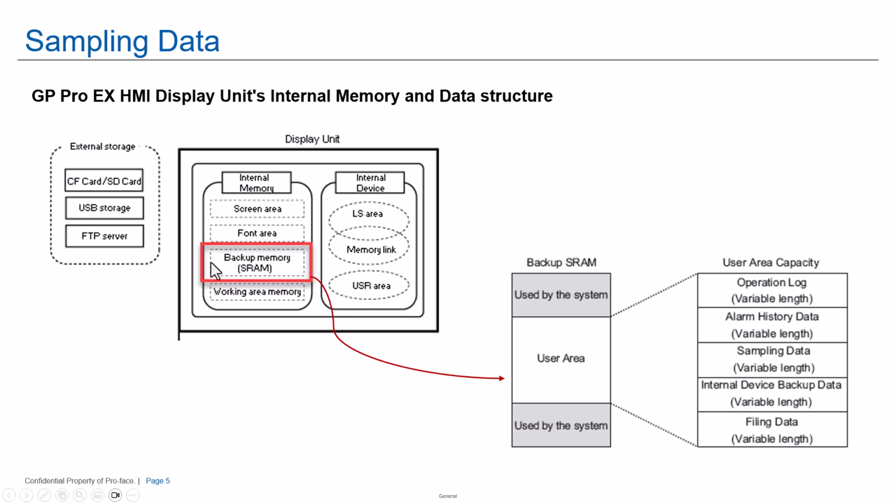Depending on the hardware or terminology, sometimes you'll see the terms non-volatile RAM or NVRAM, and sometimes the term SRAM. They are essentially the same thing, performing the same basic functionality in the HMI. This slide shows how that backup memory is broken out.